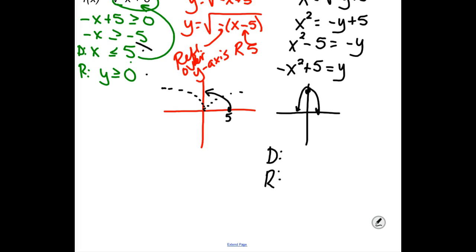I have to take these and flip them, right? So y has to be less than or equal to 5, but x has to be greater than or equal to 0, which means I'm only going to have this part of it. Does that make sense? That wouldn't be included. So if I start out with just a square root graph, 1/2 of it, the positive version, I'm only going to get 1/2 of my parabola out. Okay?